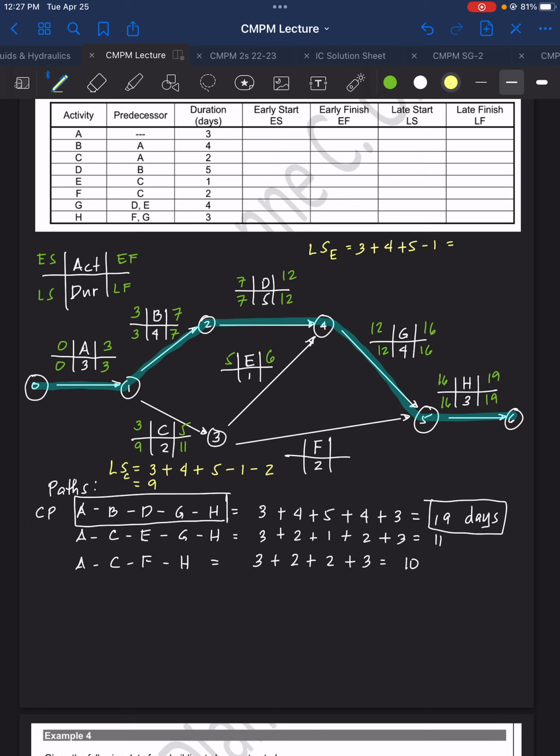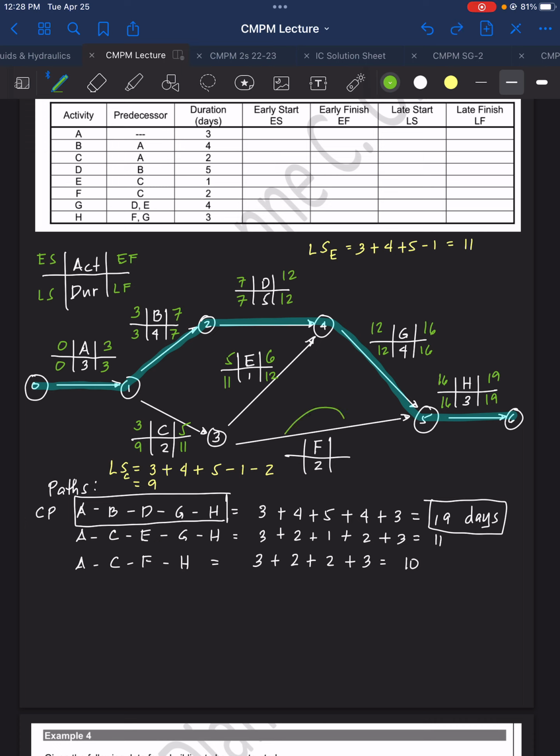And that is equal to 7 plus 5 minus 1, which equals 11 days. So we will put now here for activity E, 11 days for the late start, then 11 plus 1, that will be 12. Okay, we're done with activity E.